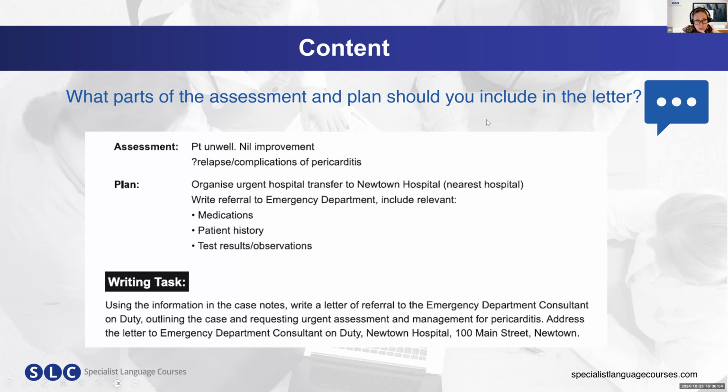If you look at the top, we've got assessment and plan. Now remember, we're writing requesting urgent assessment and management, and we need to outline the case. So what information should you include in this letter out of the assessment and plan? Have a read through that section and think about that.